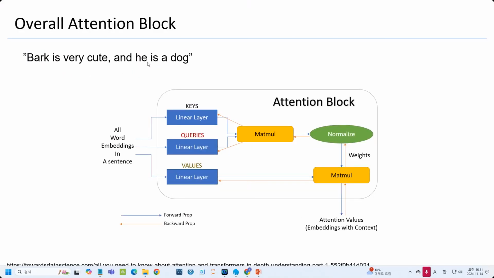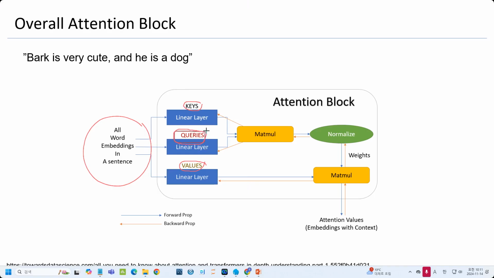For the attention block, we can see something like this. After we have the words, we can see the key and the value. As you know from the calculation, we have the key values and we want to check the query.